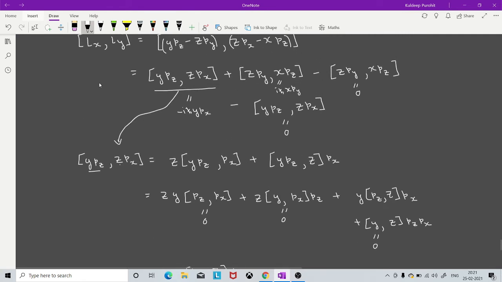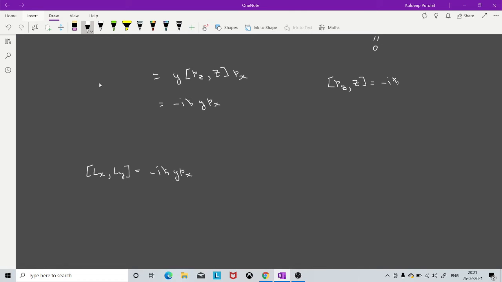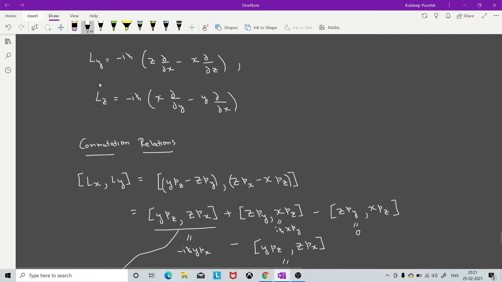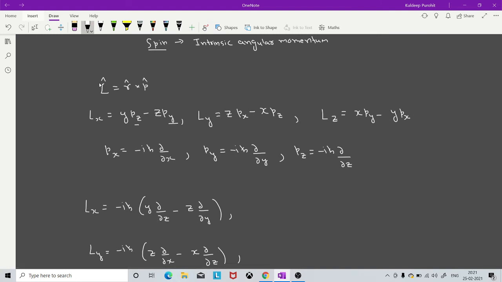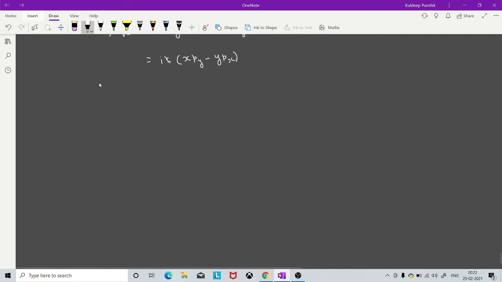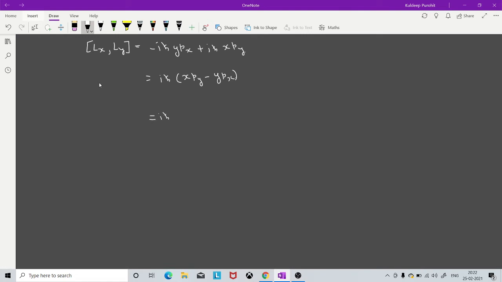This equals i h-bar times x py minus y px. Now x py minus y px is nothing but Lz. So Lx, Ly comes out to be i h-bar Lz.